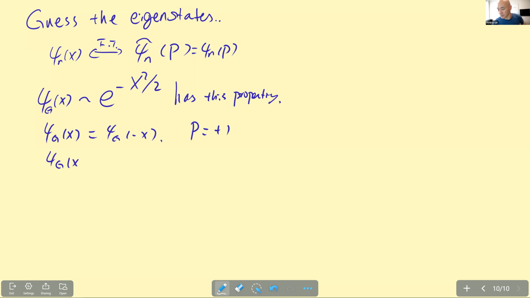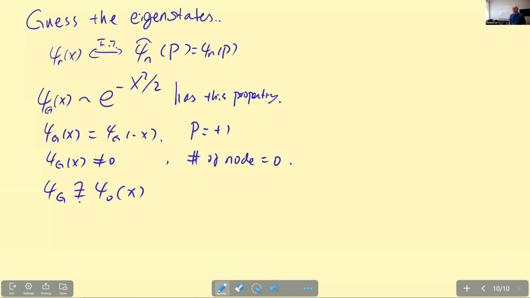And this one does not equal 0 at any point, so the number of nodes equals 0. So it is very possible that this Gaussian function equals the quantum ground state, because the ground state should have even parity, should have zero nodes, and should have its Fourier transform be itself. This one is okay, this one is okay, this one is okay. So do we have this one? Let's just guess.